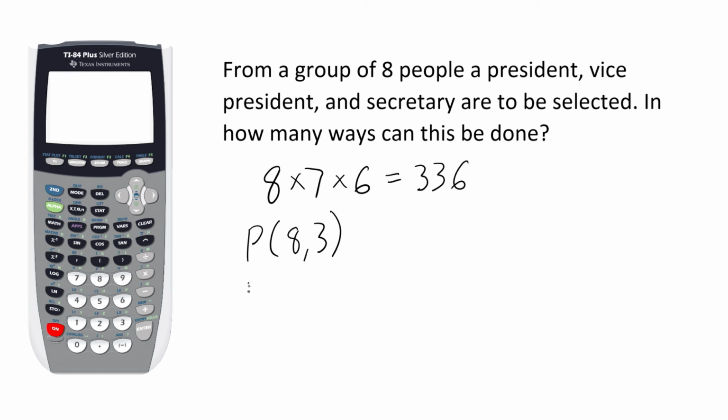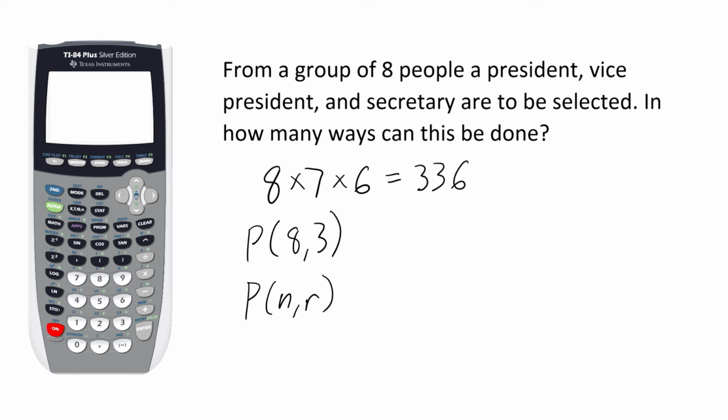So the general form for permutation is nPr, where n is the number of things we have to select from, and r is the number of things we're going to select.